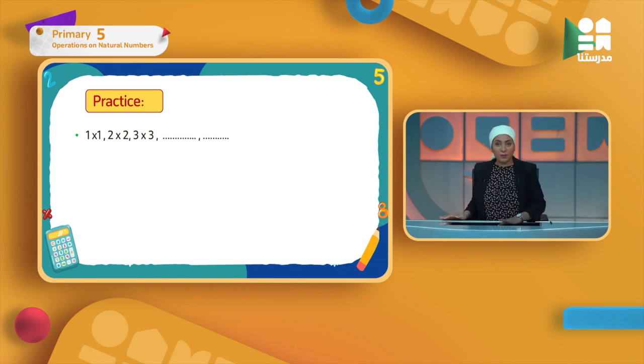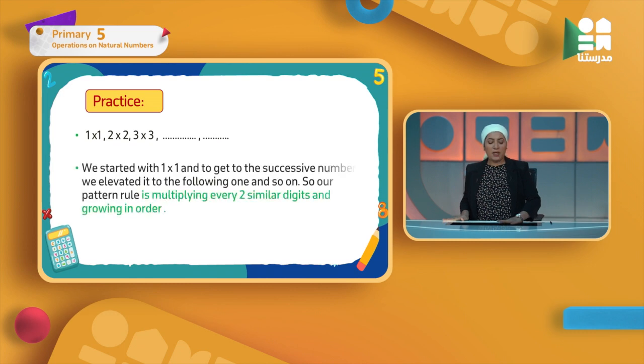So the answer will be 4 times 4 and 5 times 5. Because as we said here, we started by multiplying 1 by 1. Then to get to the successive number, we go to the next number, which is 2 times 2, and so on. So my pattern rule in this question is multiplying every 2 similar digits and growing in order.